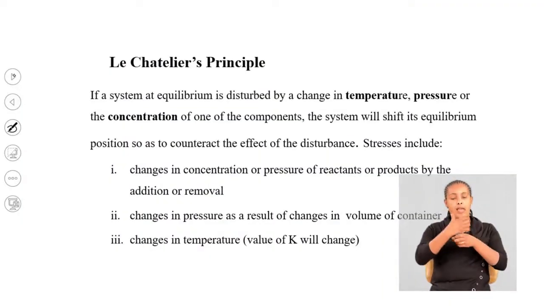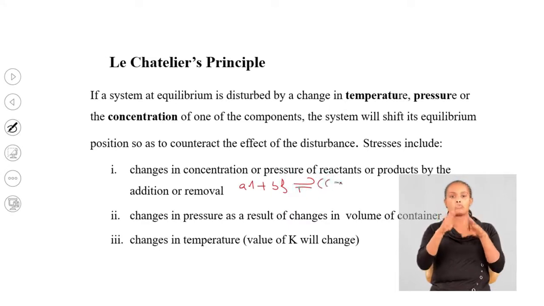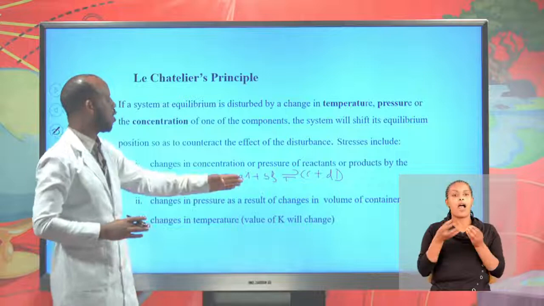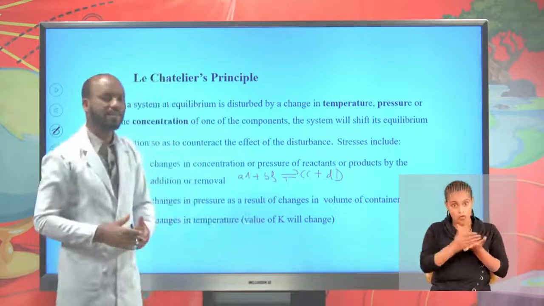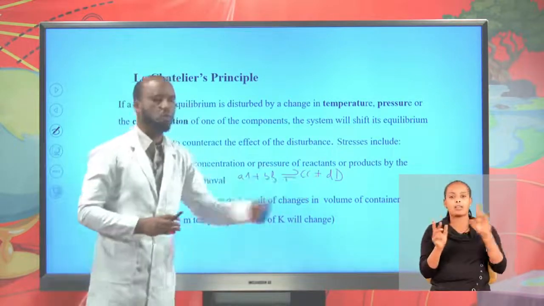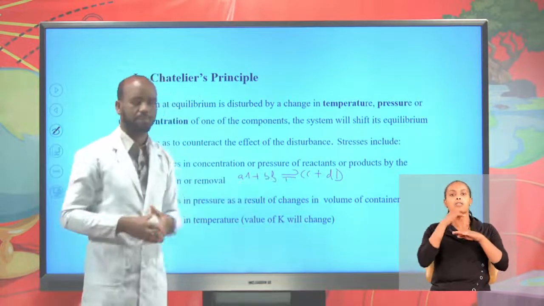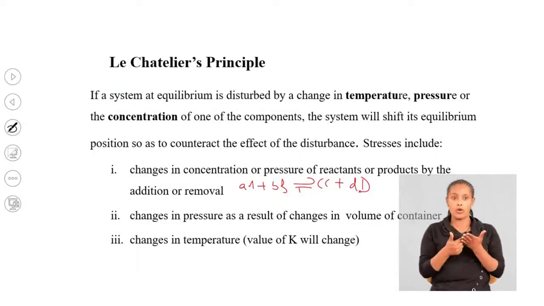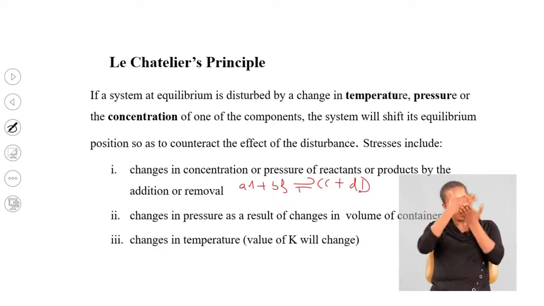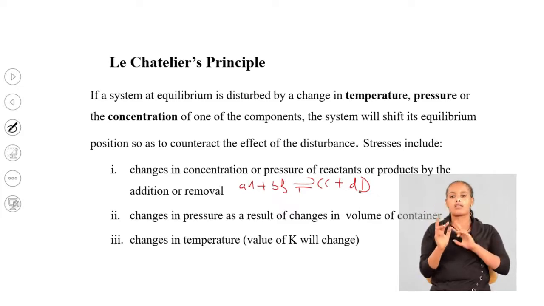Take a general equilibrium reaction, A plus B in equilibrium with C plus D. Adding or removing concentration of reactants or products disturbs reactions at equilibrium. Therefore, one disturbance is addition or removal of concentration of reactants or products.